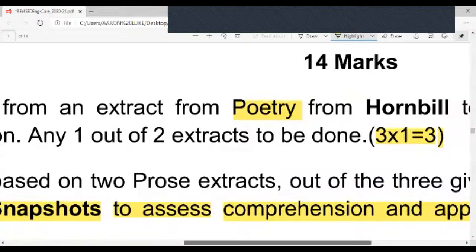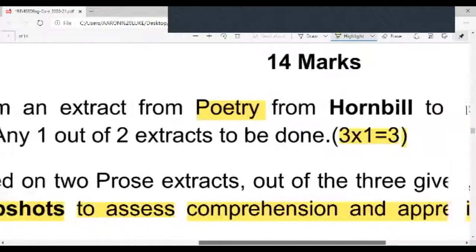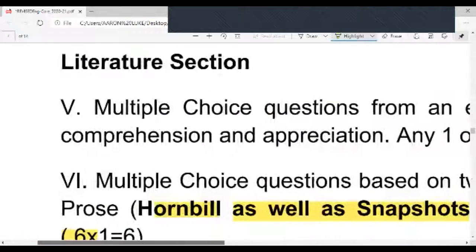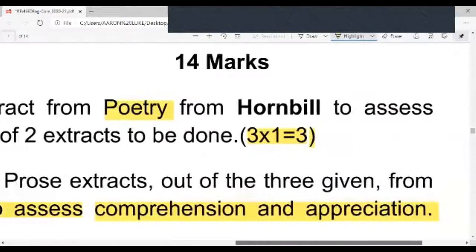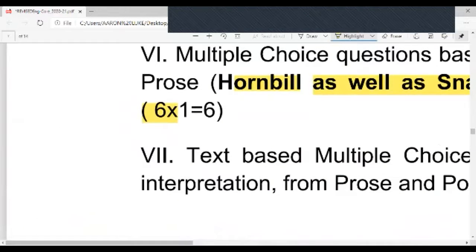Then question number 6, multiple choice questions based on 2 prose extracts out of the 3 given from the prose in Hornbill as well as Snapshots, to assess comprehension and appreciation, which will be for 6 marks. So in short, you have to read both Hornbill and Snapshots line by line to get the answers.